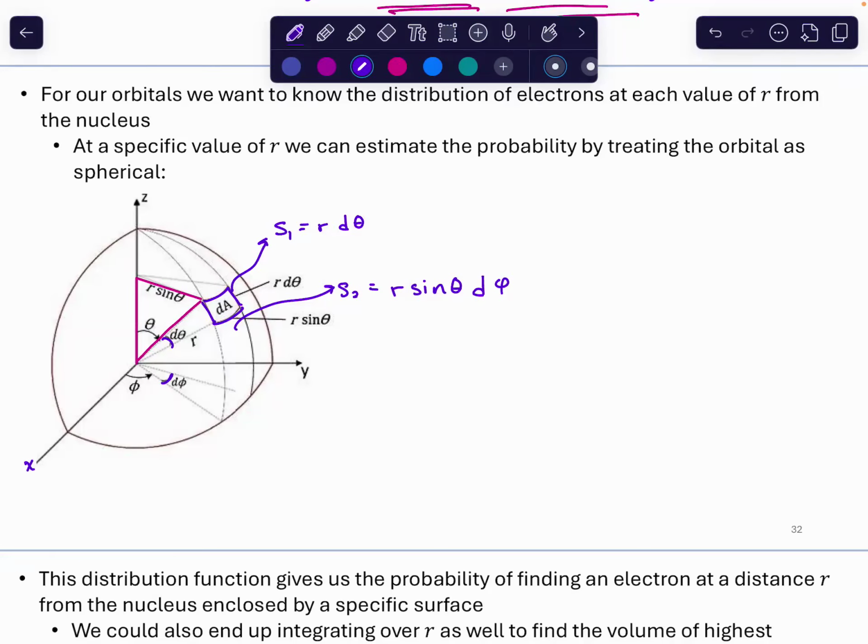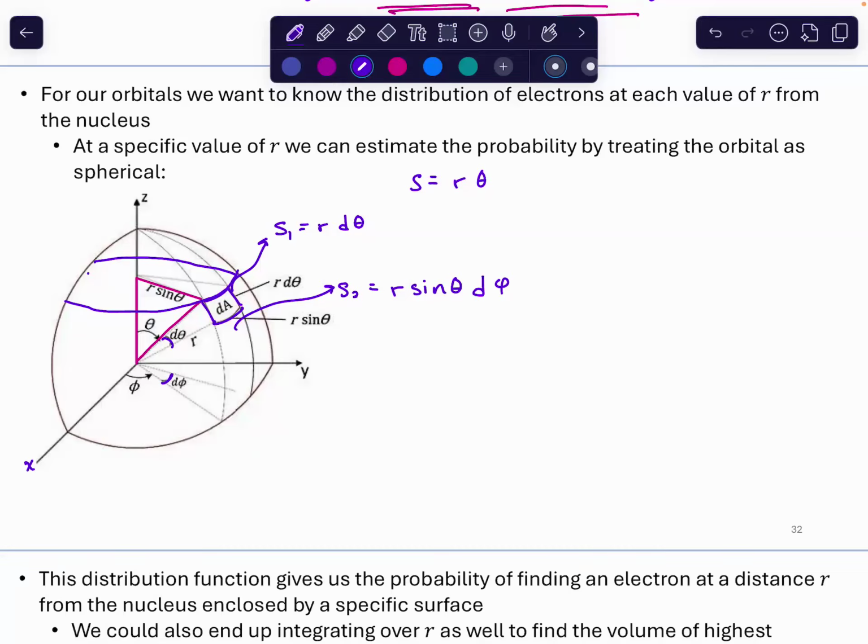The reason our arc lengths look like this is because the arc length formula is your radius multiplied by the angle that you move through. The reason, for example, we use r sine of theta is that this sphere is going to be measured as tiny circles.